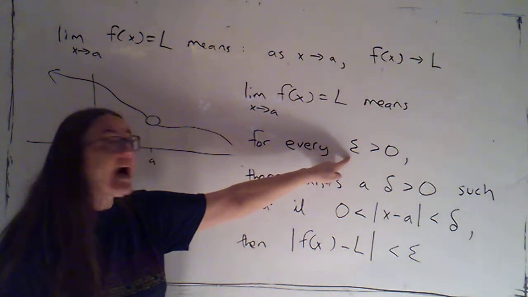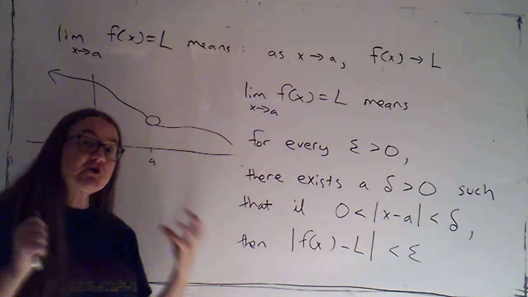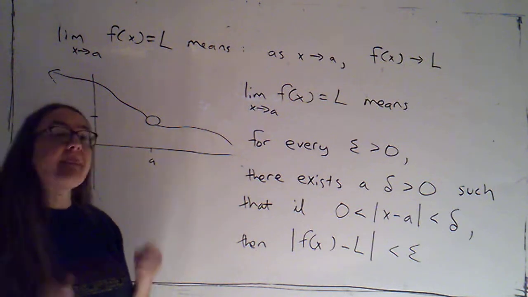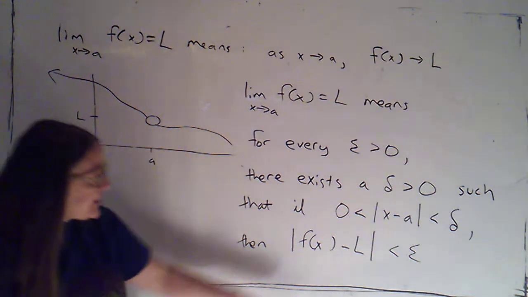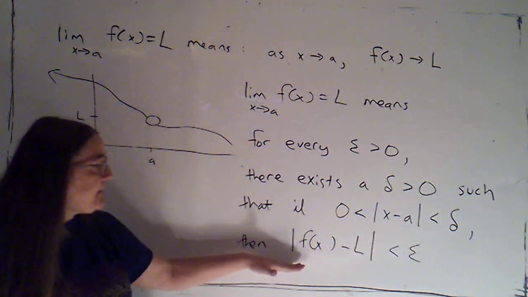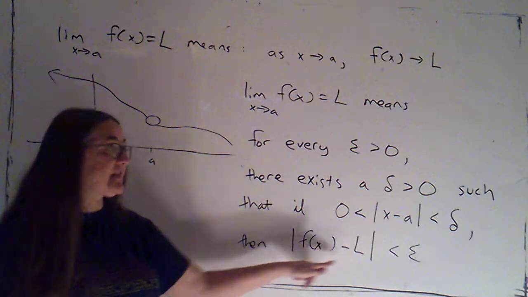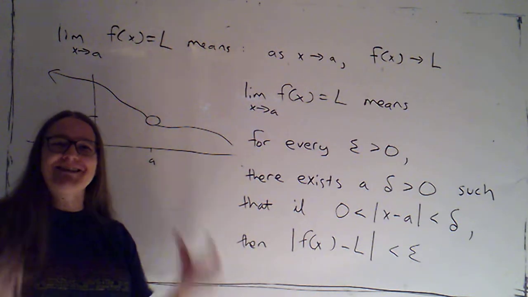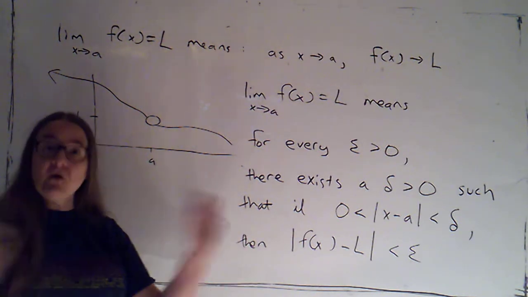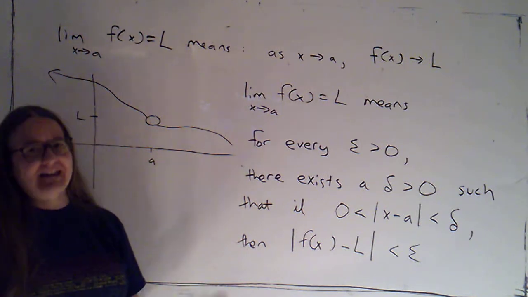For any positive number, you can force your y values to be within that distance of the limit. You'll notice that for the inequality with the y values, we don't specify that this has to be bigger than 0. We're okay if f of x does equal L. That's totally fine. It doesn't have to, but it can.